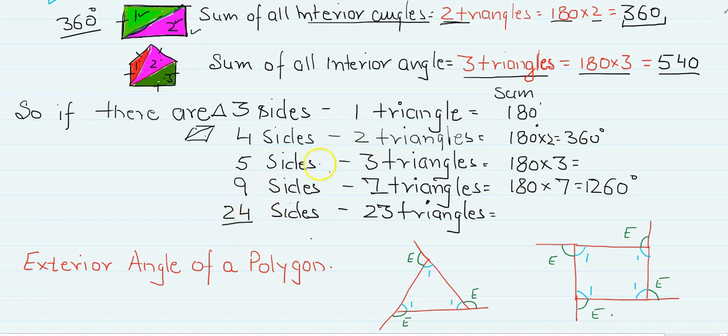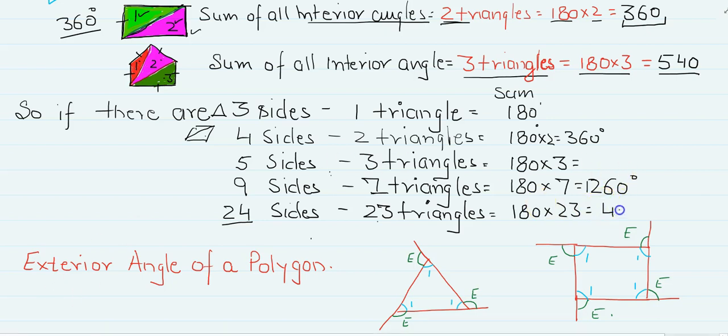In the same way, if we have a polygon with 24 sides, what will be the sum of all interior angles? There will be 23 triangles, so it will be 180 multiplied by 23.